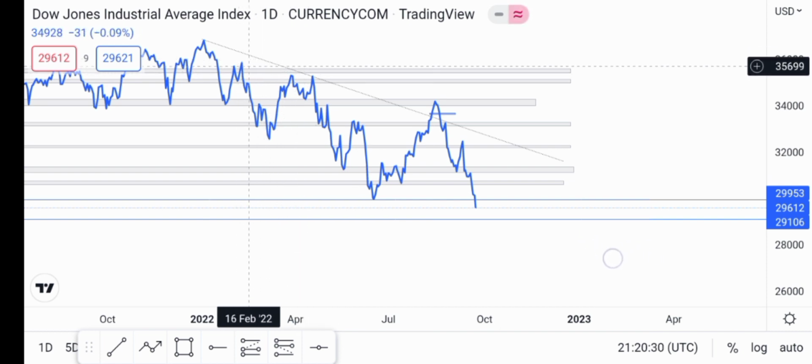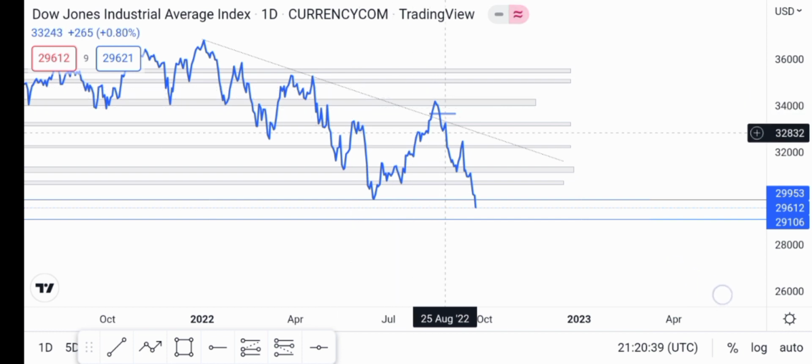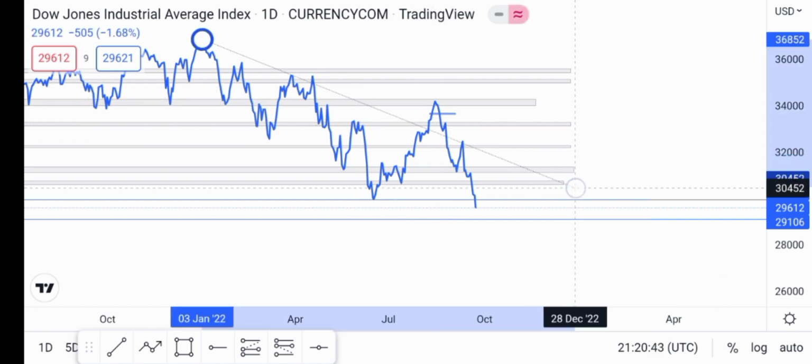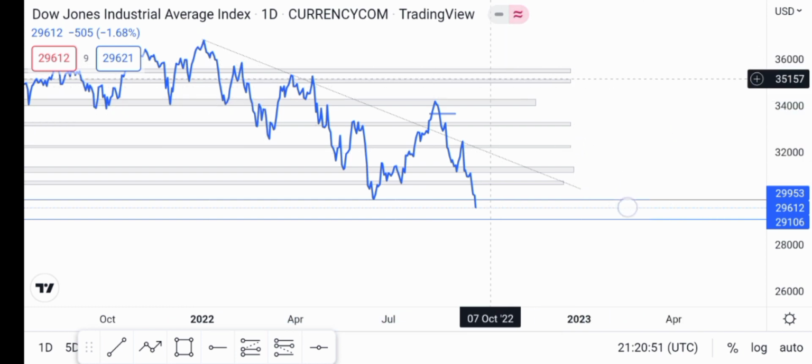I can use this one, and between this one and this one is the highest peak. And again right over here. Let me use this one right over here because I'm using the body of the candlestick, and I don't know which one is the highest between these two.